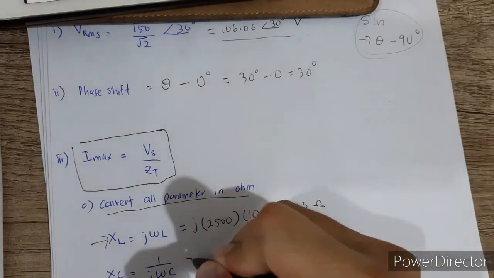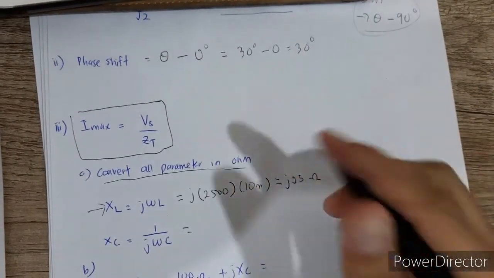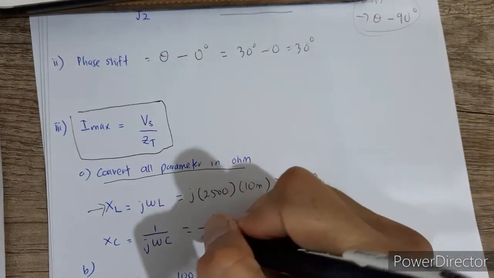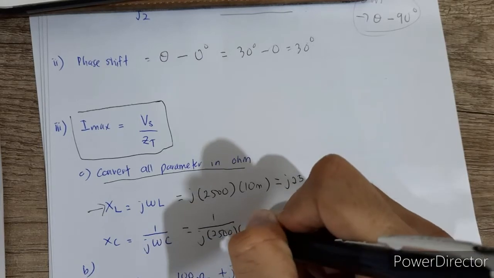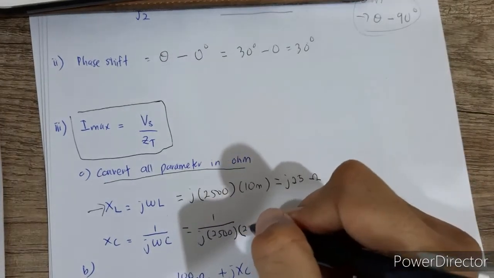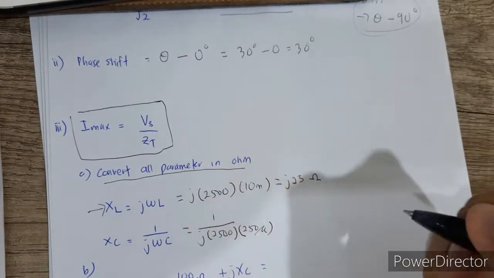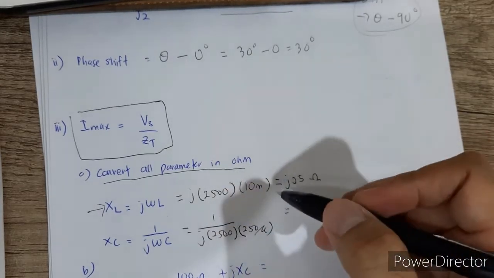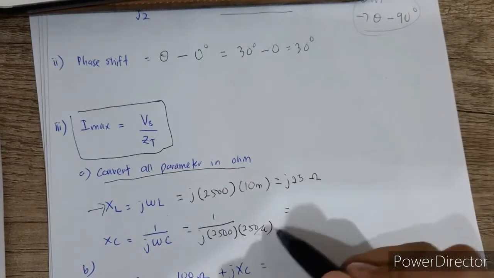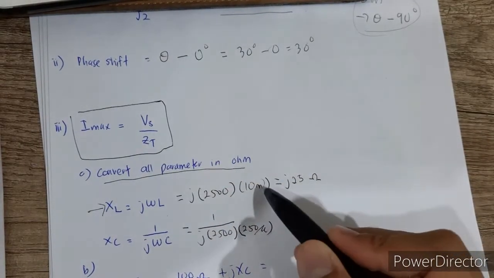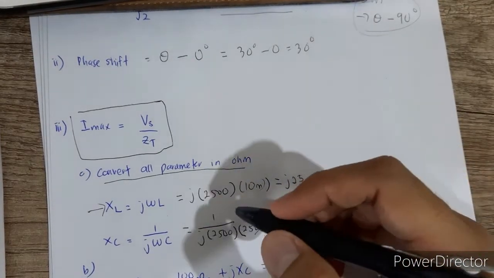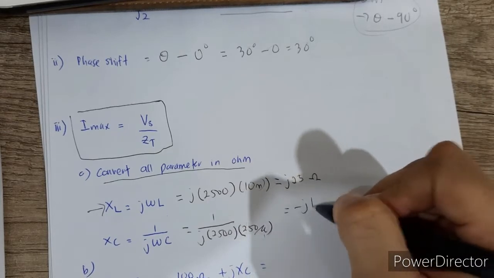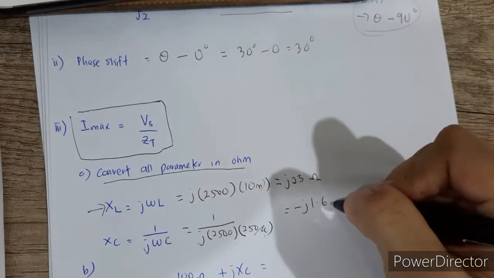And then for XC, 1 over j omega C. So 1 over j, omega is 2500, C is 250 microfarad. When you enter it in the calculator, you have to insert the units, milli and micro. So if you calculate, the answer is negative j1.6 ohm.